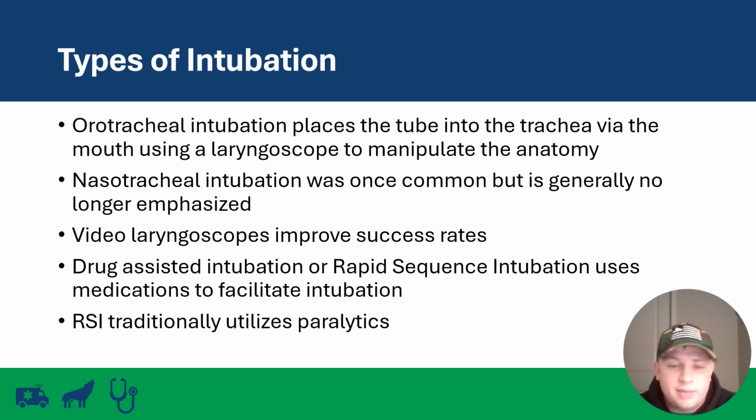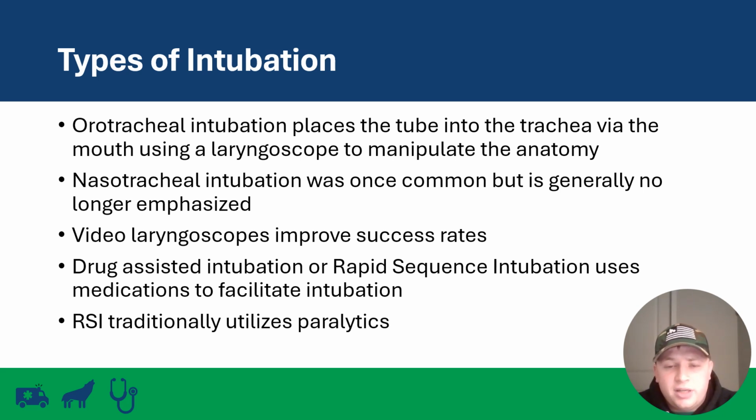When I say usually, I'm sure there is a time when it's necessary, but generally it doesn't occur anymore. Video laryngoscopes improve success rate. If you have access to a video scope, you should use it first instead of a manual laryngoscope.